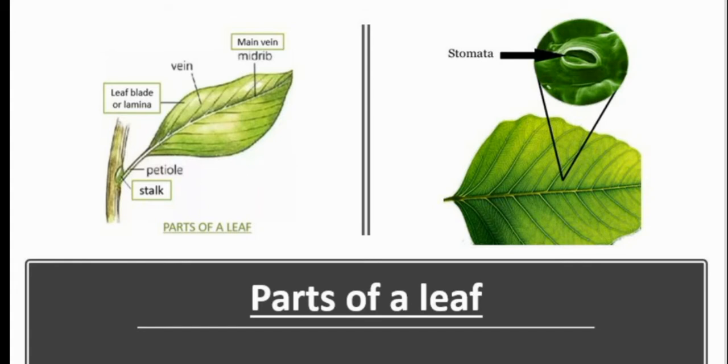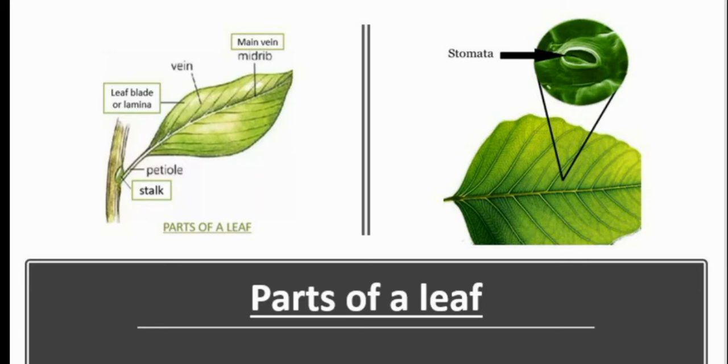Now on the underside of the leaf you will also see small holes or tiny pores. These small holes and pores are called stomata. As you can see in the figure, during photosynthesis a leaf takes in carbon dioxide and gives out oxygen and water vapor through these stomata.